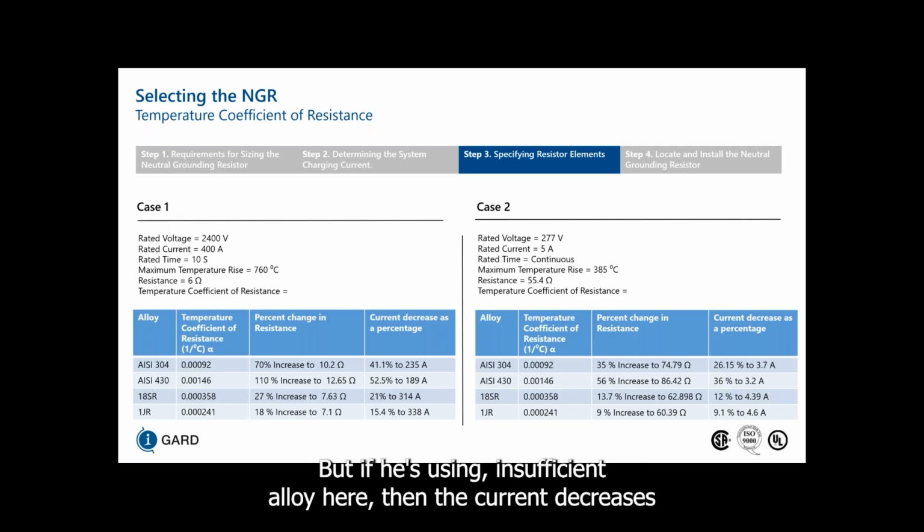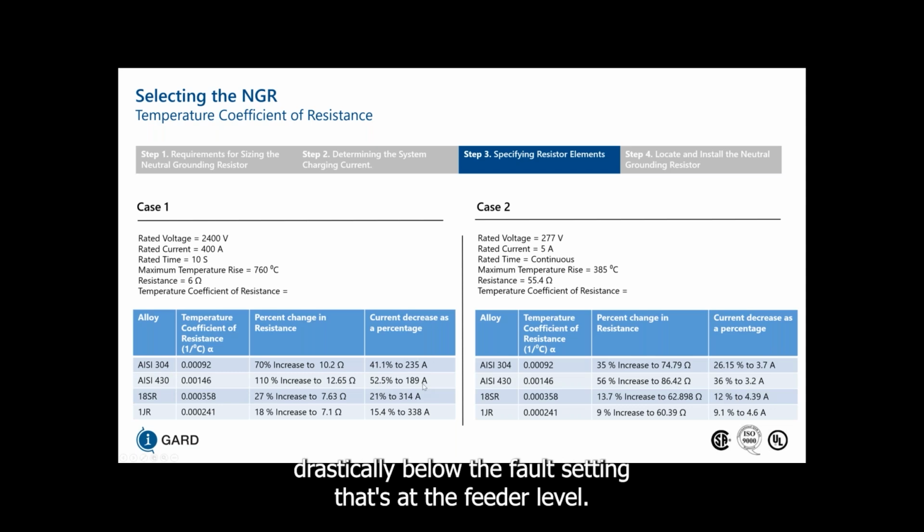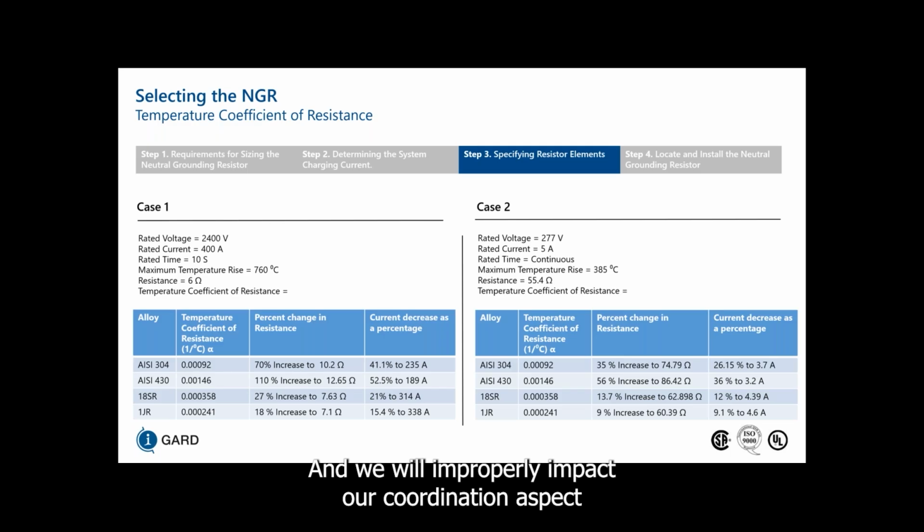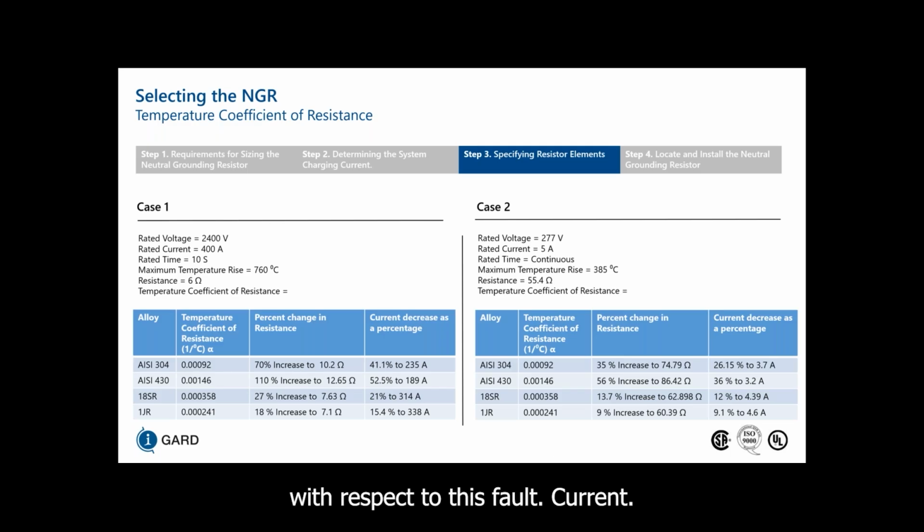But if he's using an insufficient alloy here, then the current decreases drastically below the fault setting at the feeder level. As a result, we will have the main breaker tripping and we will improperly impact our coordination with respect to this fault current.